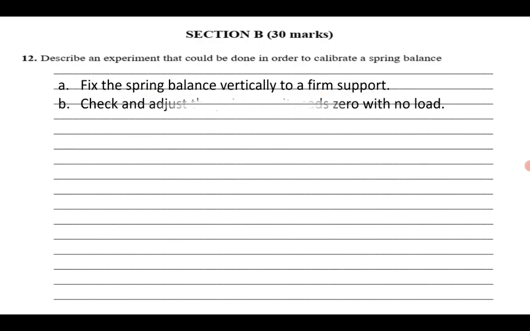Then check and adjust the pointer so that it reads 0 with no load. So the pointer must be on the 0 mark. Mind you, there is no scale at the moment, so we're trying to get a scale placed on it.